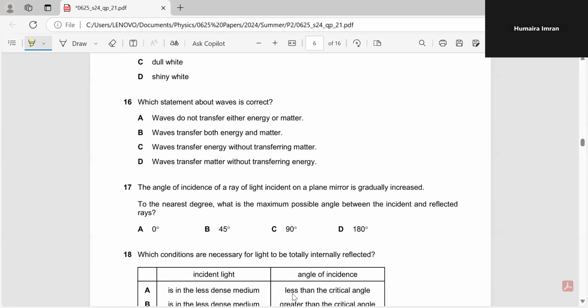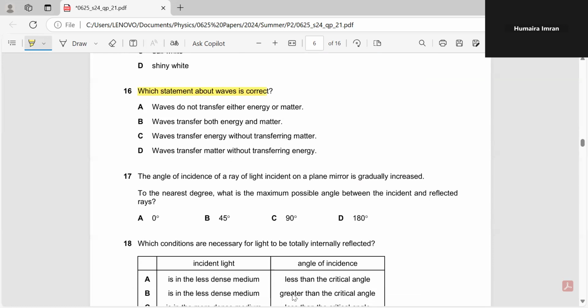Which statement about waves is correct? If we take a look at these options, they are talking about the transfer of energy and matter. First of all, waves just transfer the energy, but the matter will not transfer. For example, with sound waves, when we are speaking, the matter itself will not move.